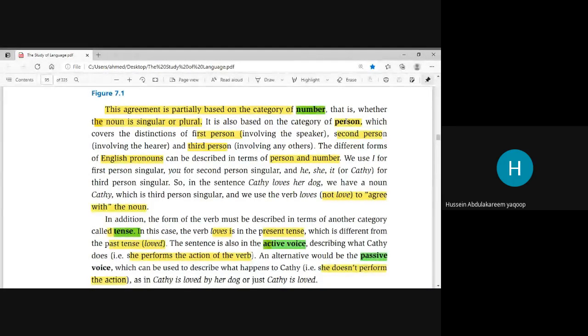Now, the different forms of English pronouns can be described in terms of person and number. Remember, with number we have the number of people, the number of speakers. With the person, we have the first person who is the speaker, the hearer, and the rest of the people who are involved in speech. That's why sometimes, as Noor talked about, we use I as a first person singular, or you to talk about the addressee whom we are talking to, and we involve also some other people who are not present. يعني ممكن في بعض الأحيان نتكلم عن شخص وهذا الشخص يكون غائب غير موجود أمامنا الآن.